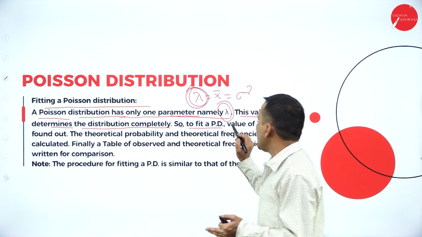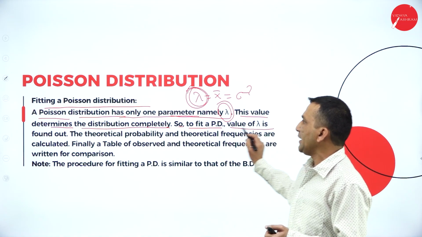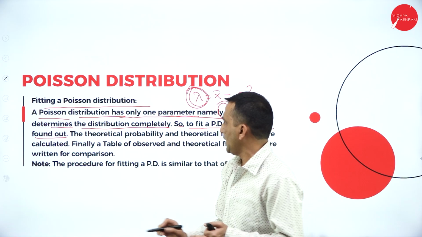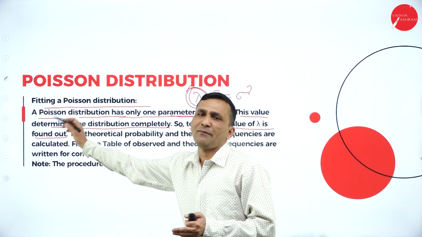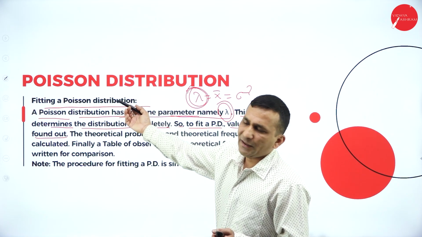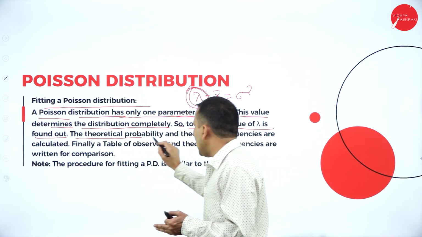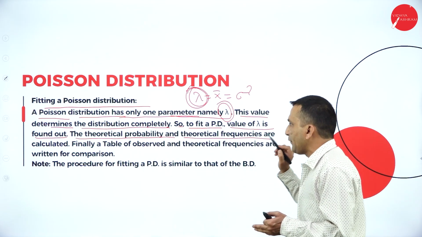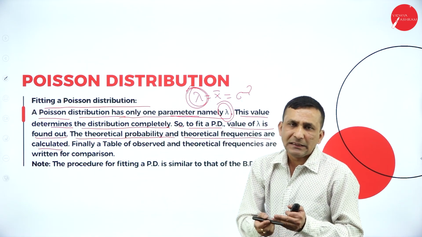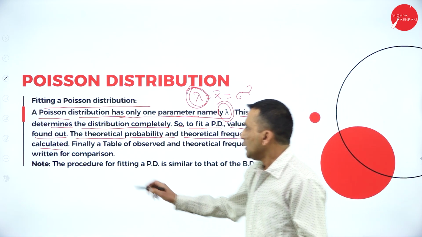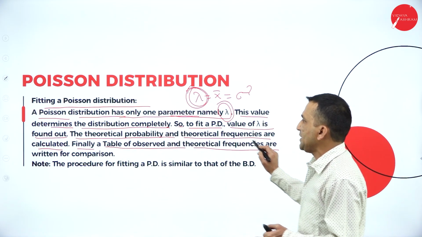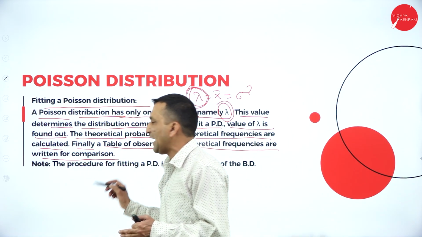So to fit a Poisson distribution, the value of lambda must be found; you need to find it compulsorily. With the help of the information given, we are able to identify it. The theoretical probability and theoretical frequency are then calculated, and finally in a table the observed and theoretical frequencies are written for comparison.